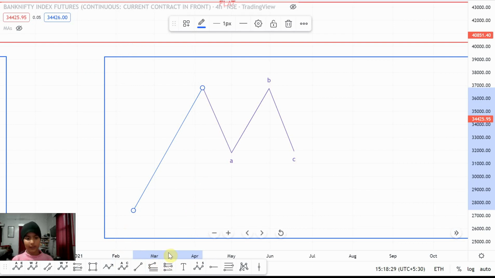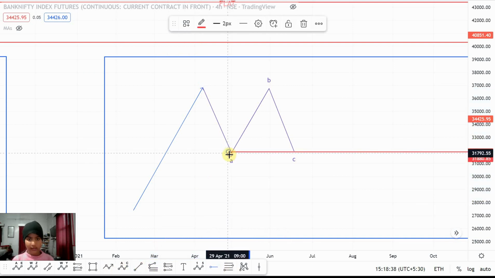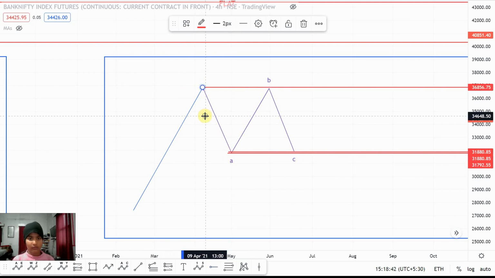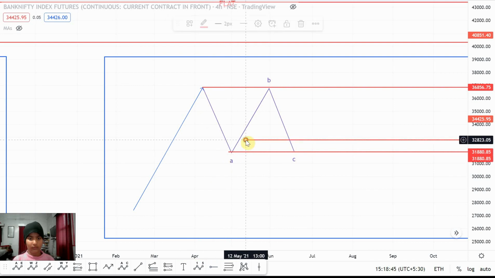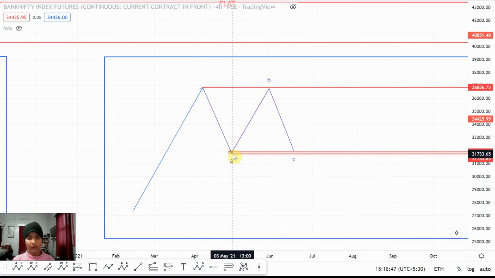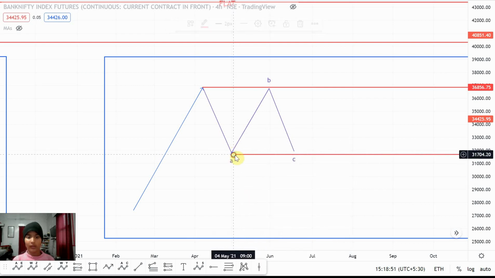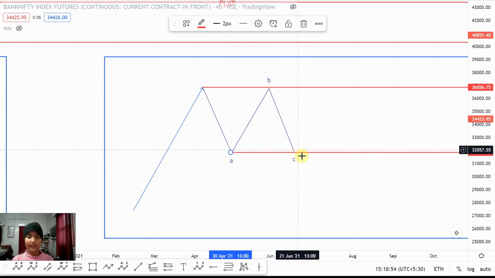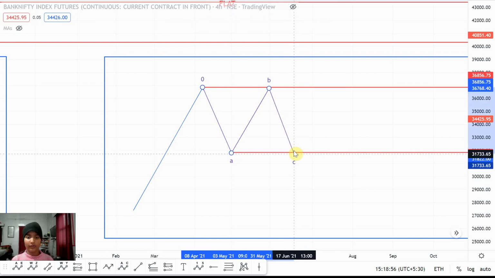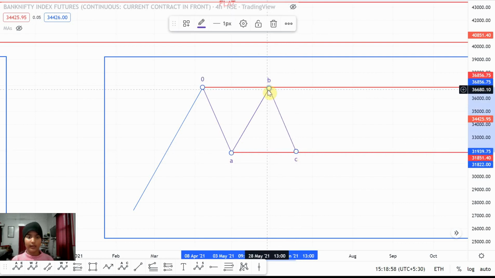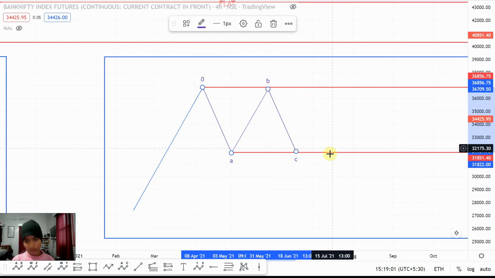For this regular flat, this C wave cannot cross the A, and the B wave cannot cross the 0.